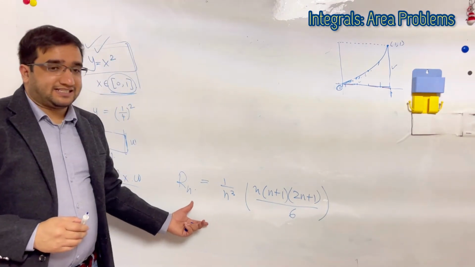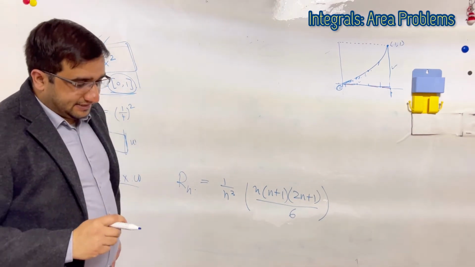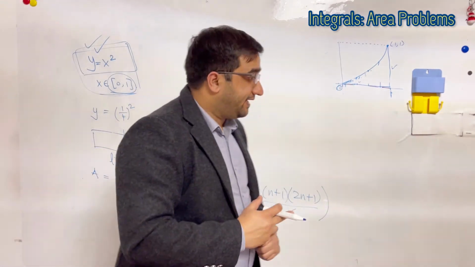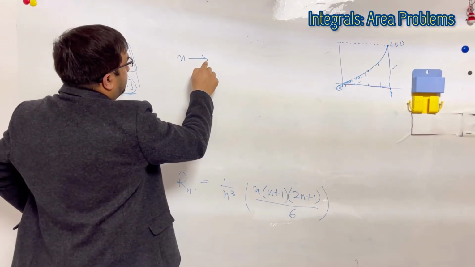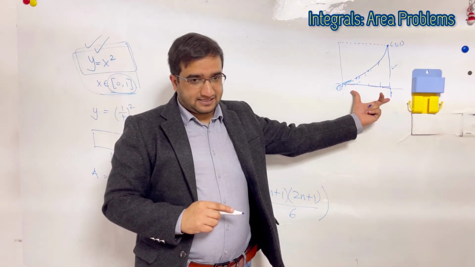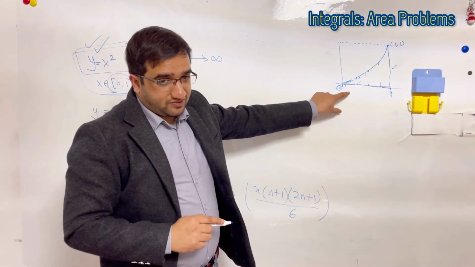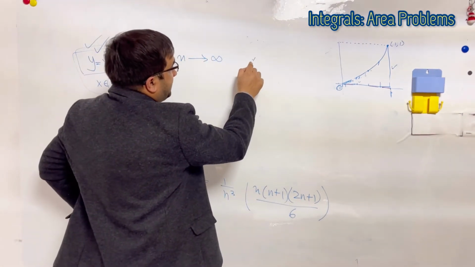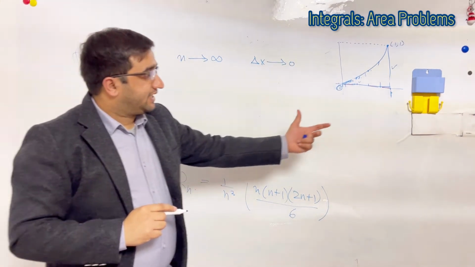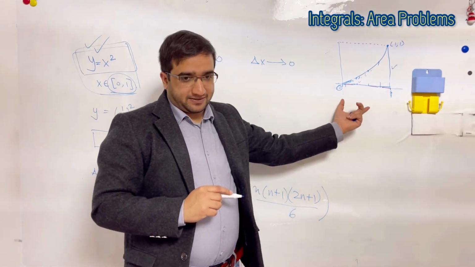Now I'm trying to apply the limit. I'm saying that when I take the number of intervals infinitely many, when n approaches infinity, it means I am increasing the number of slices. If you increase the number of slices, the width delta x will decrease. If n approaches infinity, it means delta x approaches 0. Because when you split it into more slices, the delta x will keep on reducing.